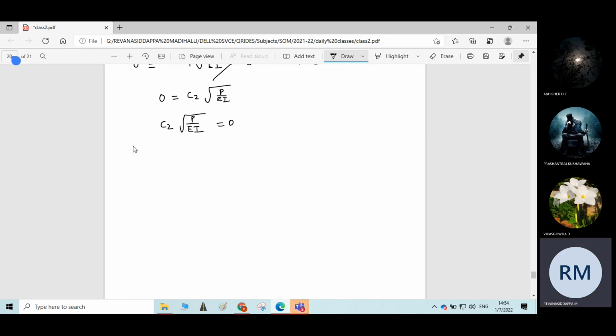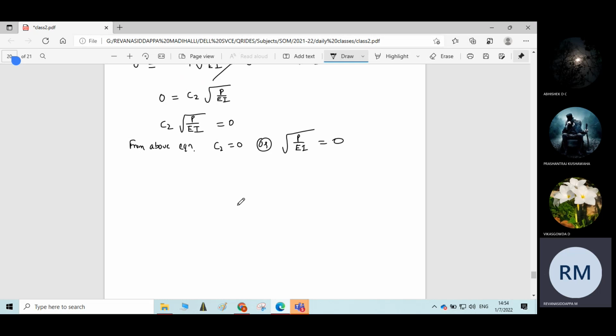From the above equation, either c2 equal to 0 or root of P by EI equal to 0. So which one is good, students?